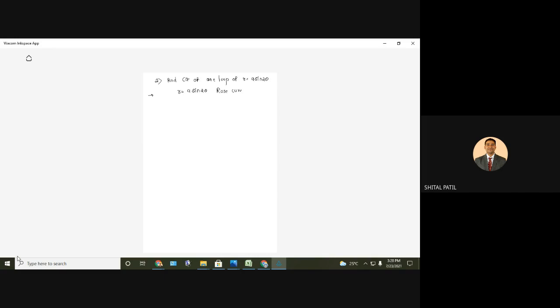Rose, n equal to 2. Number of loops 4. First loop along theta equal to pi divided by 2n, that is pi by 4. Now draw the circle.